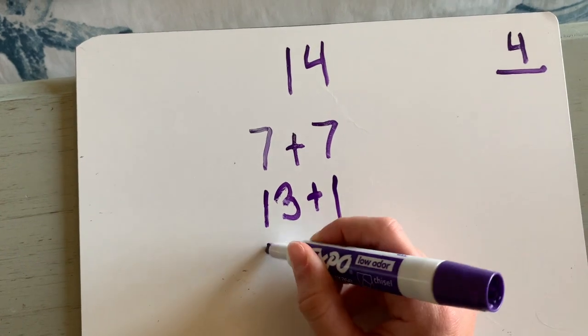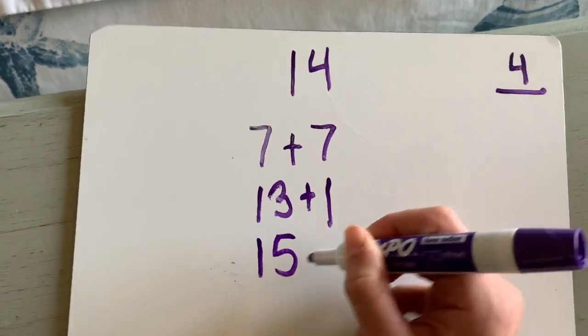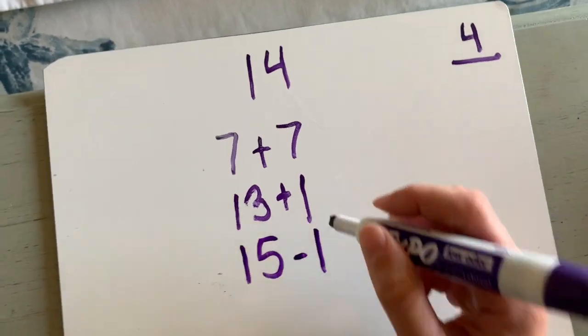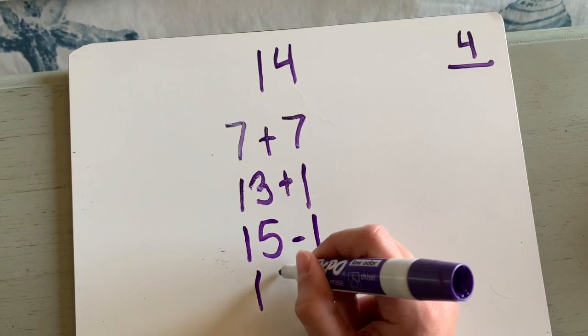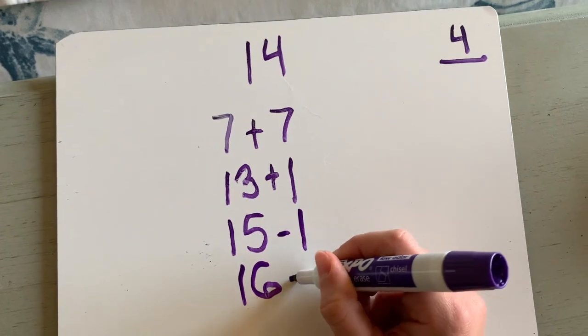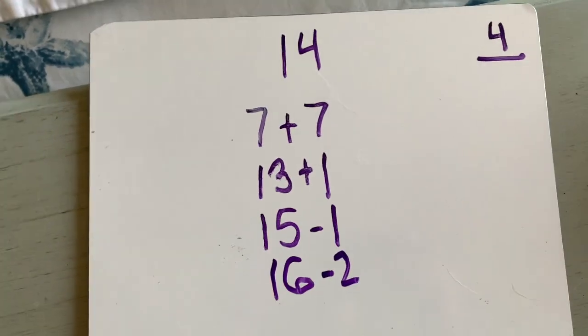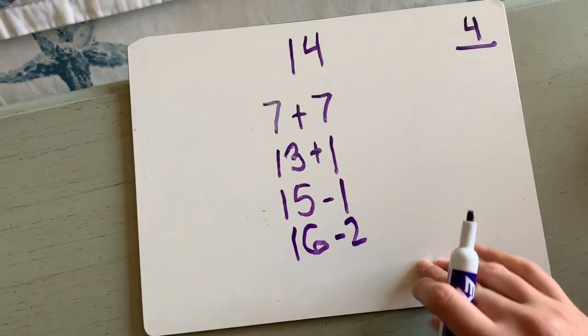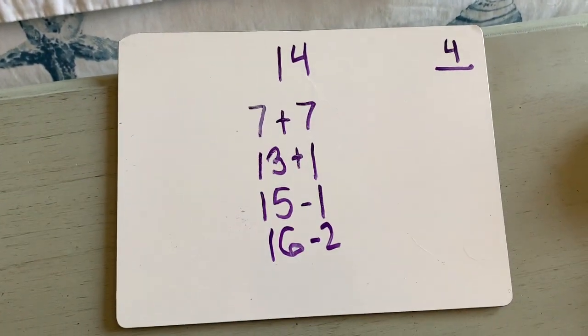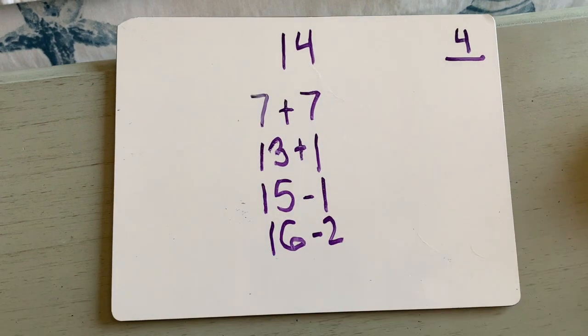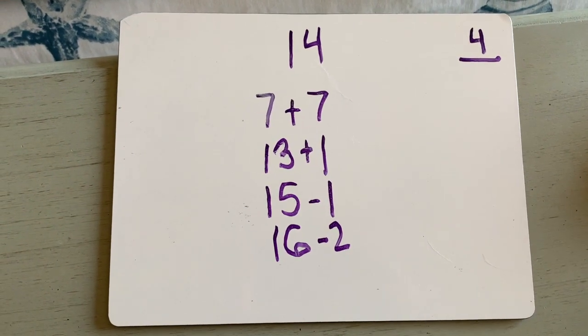I could do 15 minus 1, or I could do 16 minus 2. Those are just a few ideas. I'm sure you could think of even more ways that I could make 14 without using the number 4 at all. So let's try this on my calculator now.